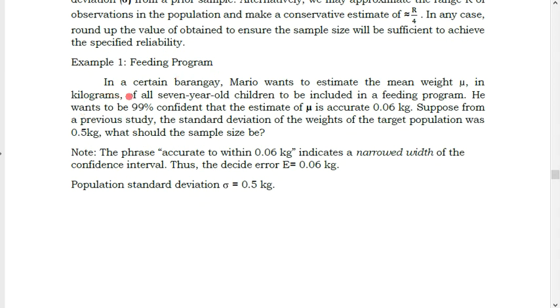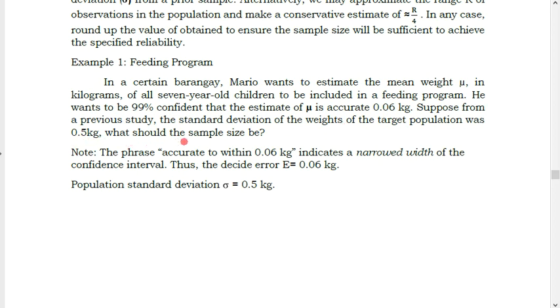Okay? Let us have this example. Feeding program. In a certain barangay, Mario wants to estimate the mean weight in kilograms of all 7-year-old children to be included in the feeding program. He wants to be 99% confident that the estimate of the mean is accurate within 0.06 kilogram. Suppose from a previous study, the standard deviation of the weight of the target population was 0.5 kilogram.